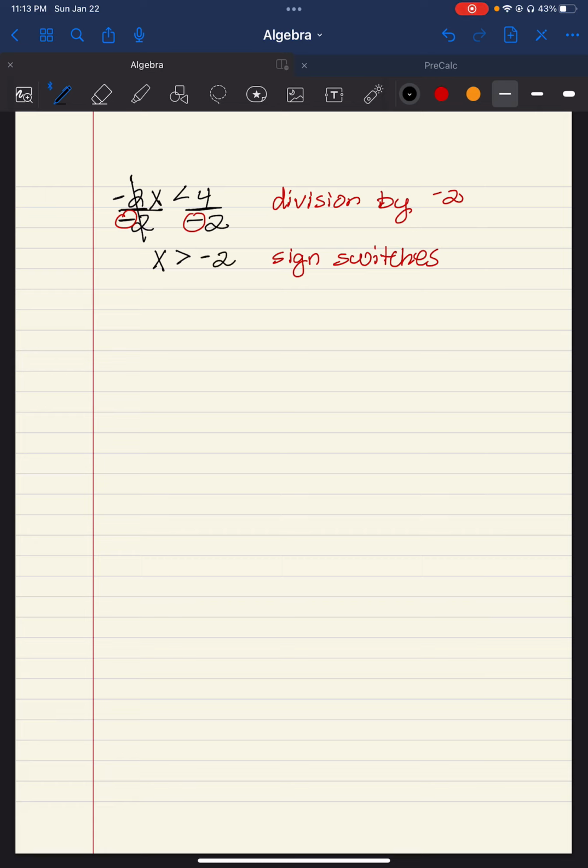So it actually changes the entire answer, in multiple ways. If we were to graph this, you've got to know how to do both. If we're graphing it on an xy plane, we go over to -2, and draw our dotted line.